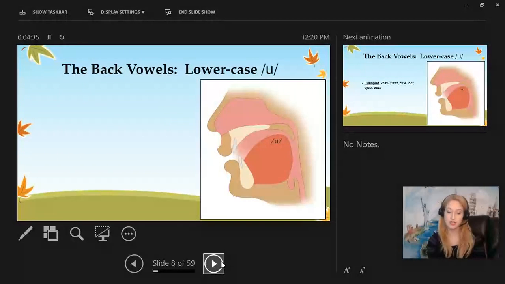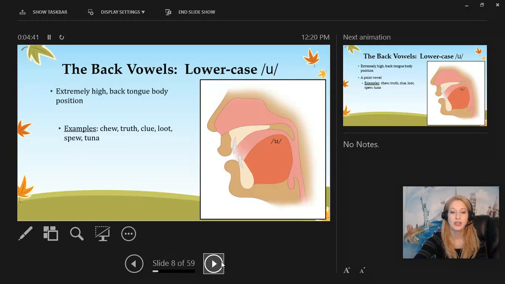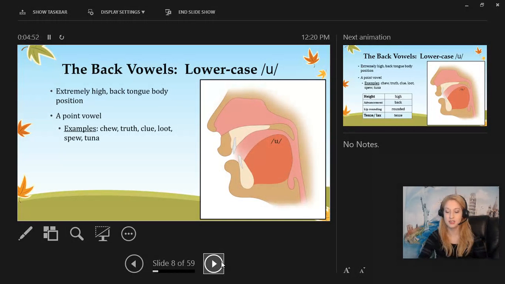Next, we are moving on to the back vowels. The first one is the lowercase u. It's extremely high, so the tongue is in an extremely high back position. Because of this, it's considered a point vowel, and it makes the U sound.